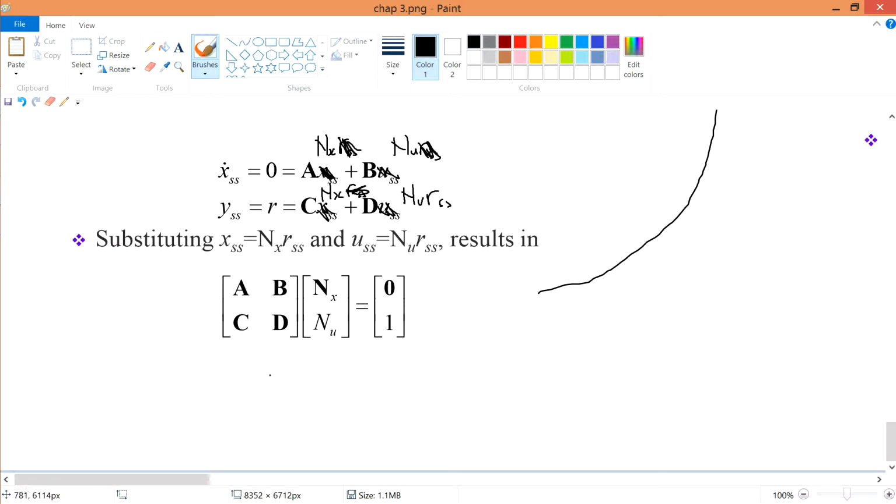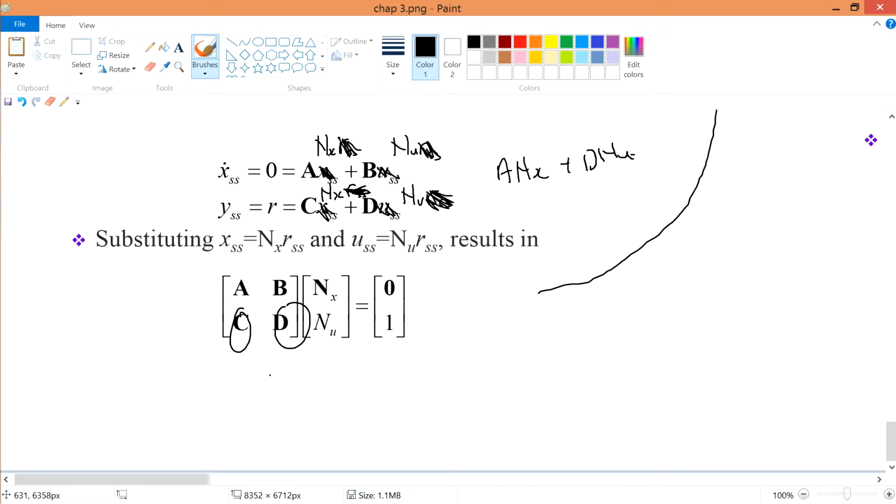Same thing over here, we can cancel each other because RS is simply the same constant. So therefore I have ANX plus BNU, which is A times NX plus B times NU, which is the first row, which is equal to 0 because the adjustment is equal to 0 already.